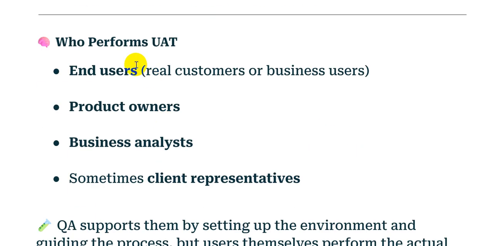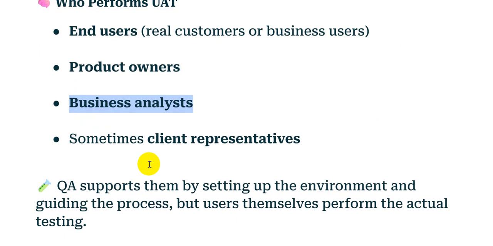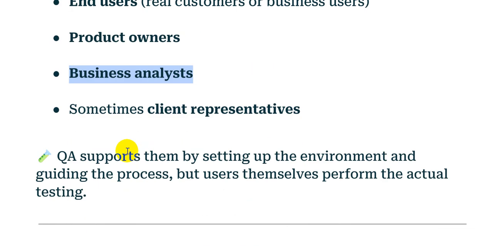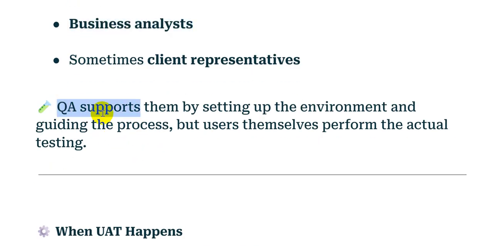Now, the next point is who performs UAT. UAT is actually performed by end users, product owners, business analysts, and sometimes client representatives. During the UAT phase, QA can only support by setting up the environment and guiding the process, but only the users can perform the UAT testing.